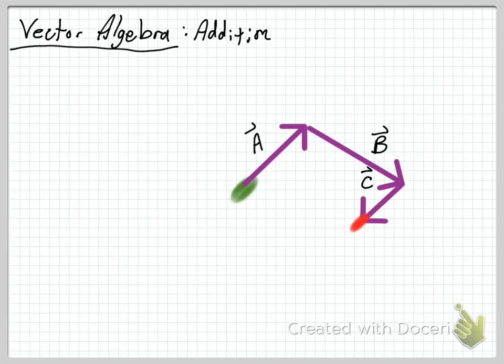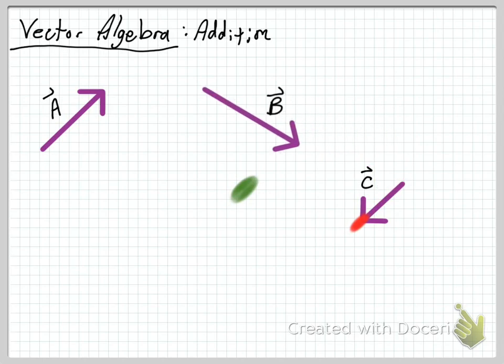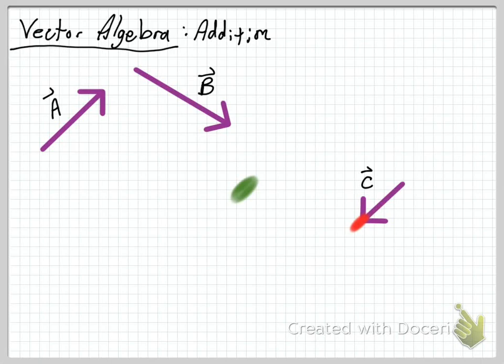Okay, so I'm just going to move vector A out of the way here. Move vector B out of the way over here. And let's use vector C as our starting point right here.